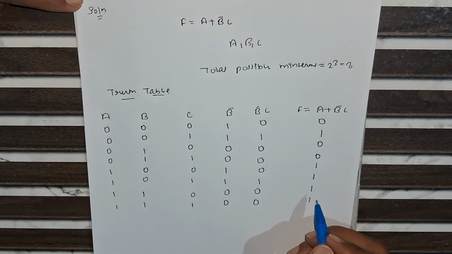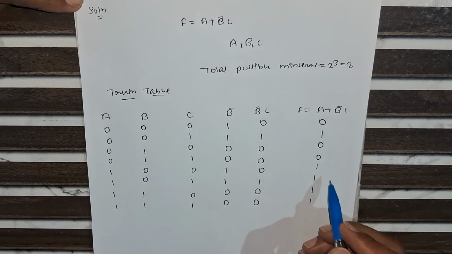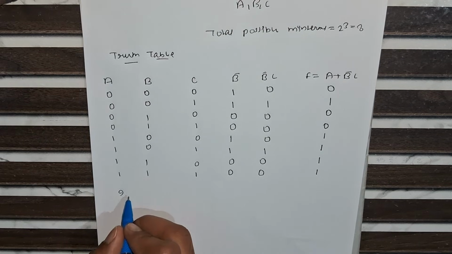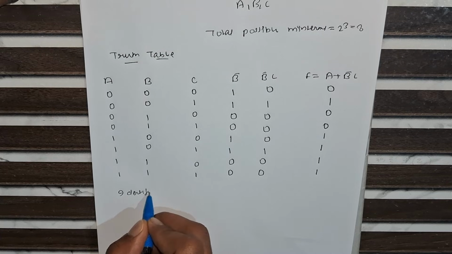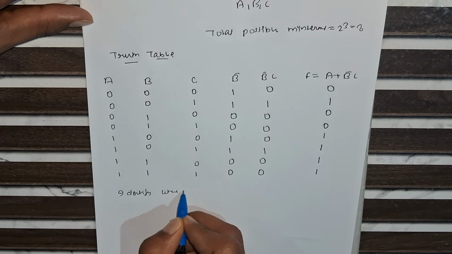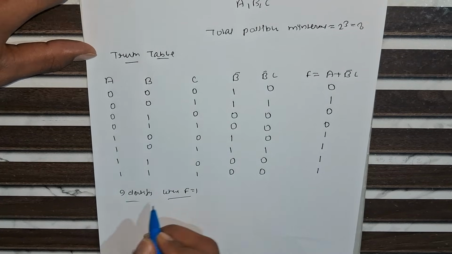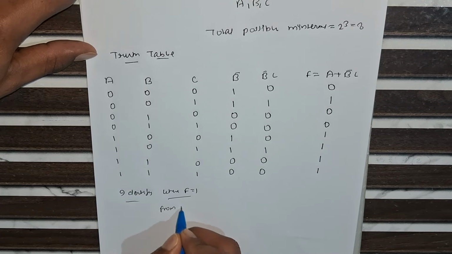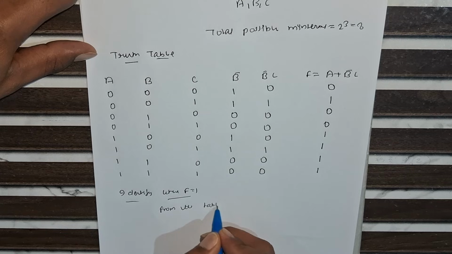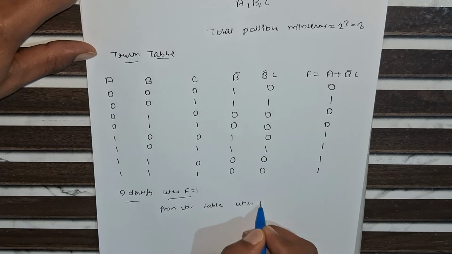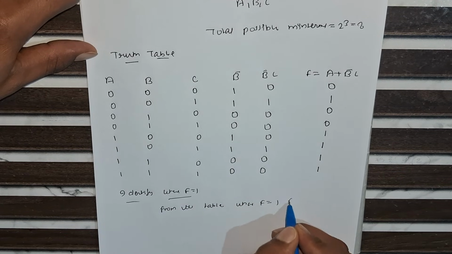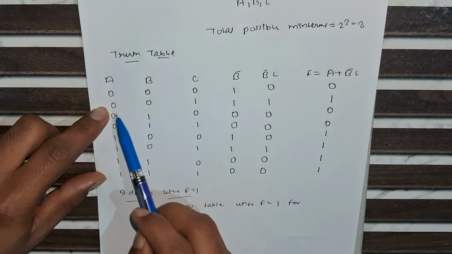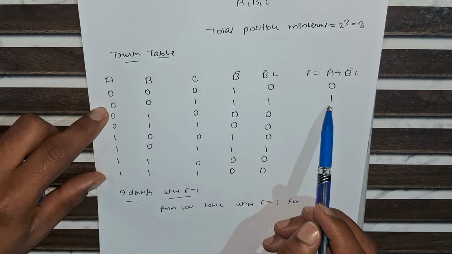Now we have to identify where the function f equals 1. From the table, where f equals 1: if a equals 0, b equals 0, and c equals 1, in this case the function becomes 1.